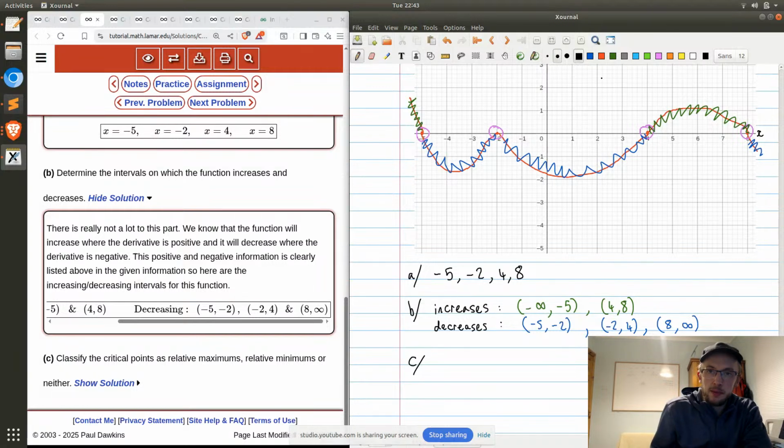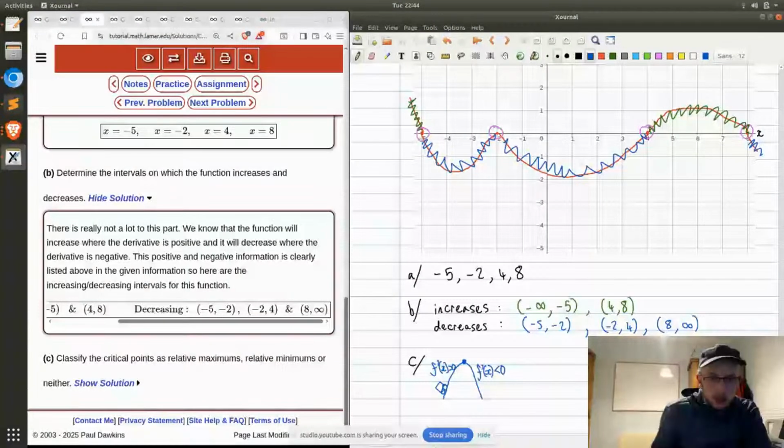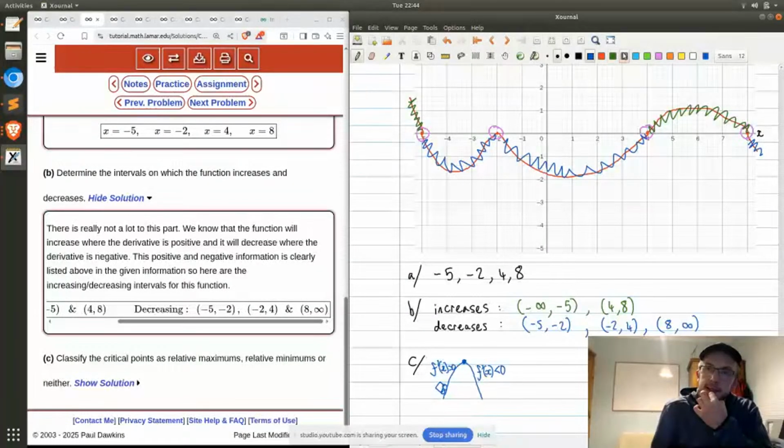What does a maximum look like? A maximum looks like that. And if you're on a roller coaster cart, f prime is positive, then negative. That tells me that that's a max.